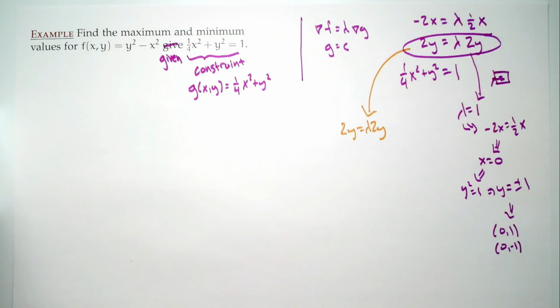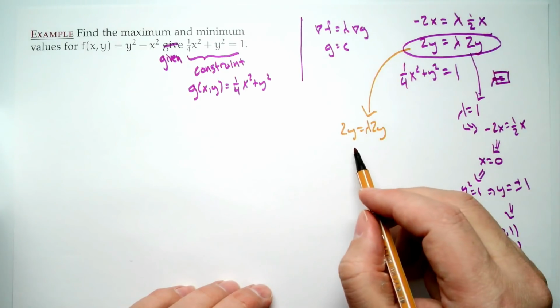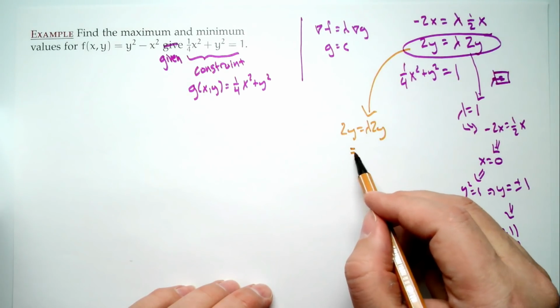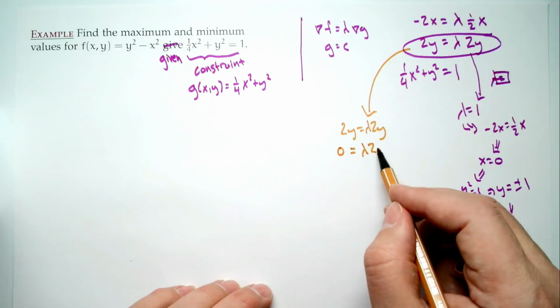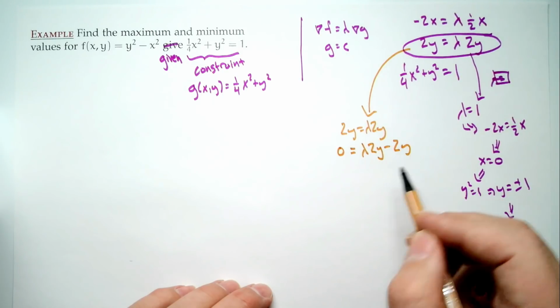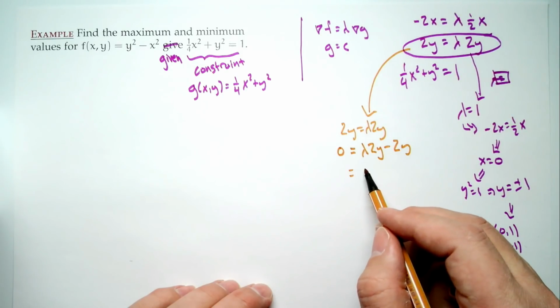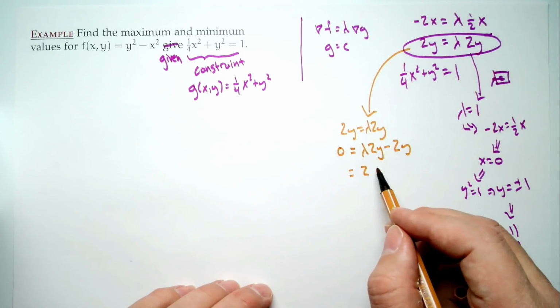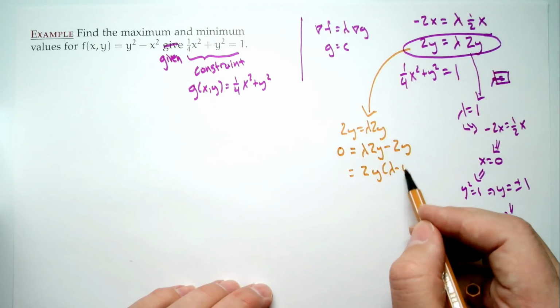Now, you might say, well, how do I make progress in these problems if I can't divide to cancel? And the answer is, instead, and this is very fancy, move everything to one side and factor. So this can factor as 2y times (lambda minus 1).